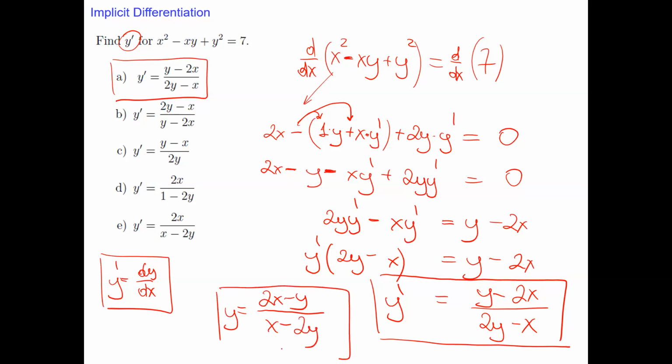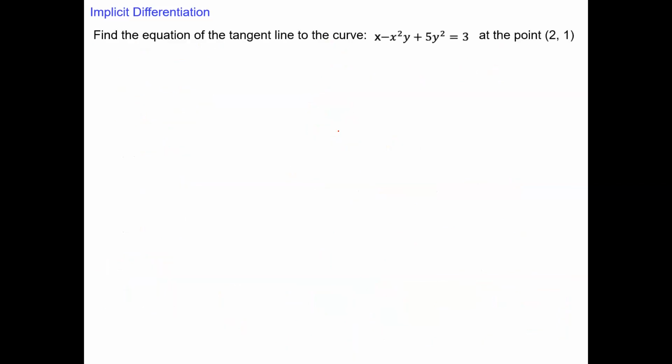But please notice, this is y prime, they are equivalent, just switching the sign. Okay, but I actually did the same way, but even if you get this form, it's still correct. Okay, implicit differentiation, the second line, make sure that you're not missing any terms. And now I have another question.